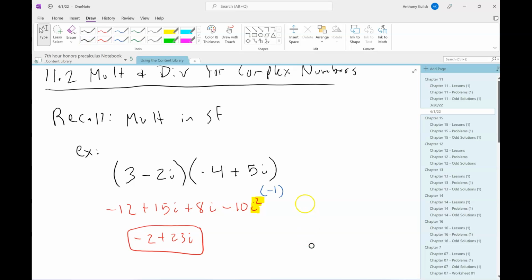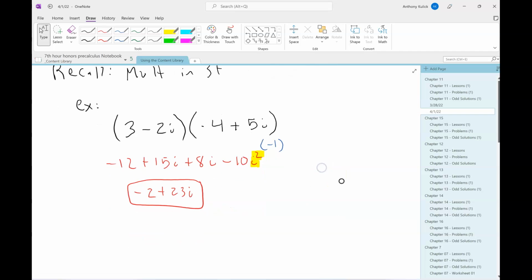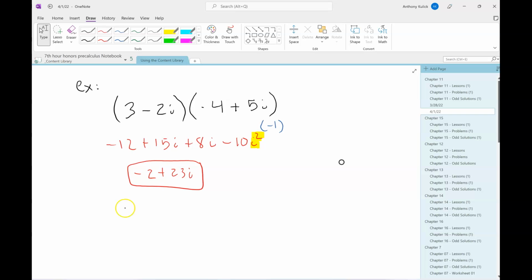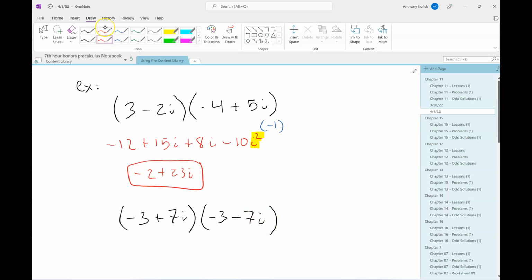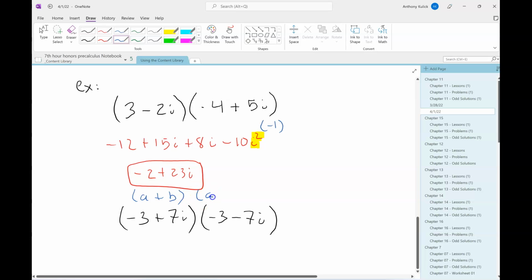So really complex number multiplication looks like the regular multiplication we're accustomed to. There's one special case where you can have a shortcut. If I have something like negative 3 plus 7i and negative 3 minus 7i, if you think back to last year, you might notice that this looks a lot like a difference of two squares.